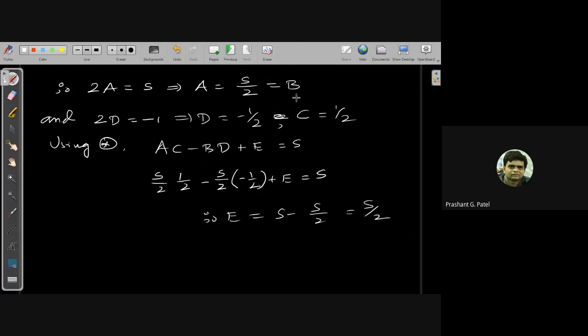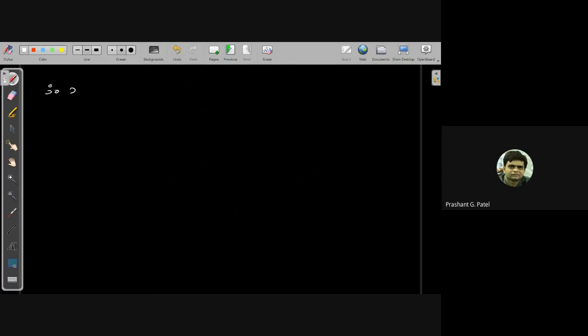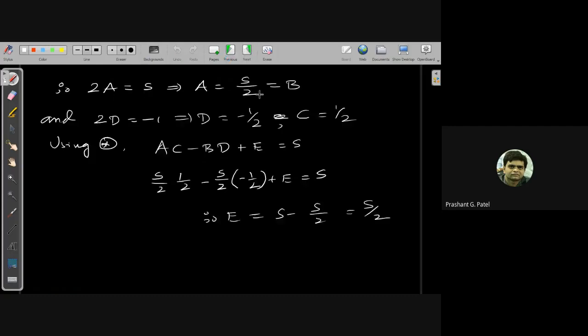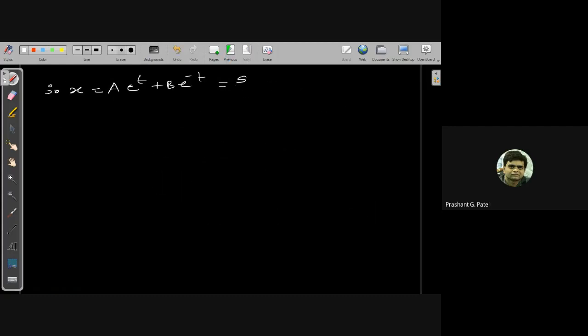So now we have all the values of all the constants. Finally, you will have the value of all the expressions. The value of x, which is a e raised to t plus b e raised to minus t. As per this, a and b are S by 2, so S by 2 is common, I can take e power t plus e power minus t, which I can write as a hyperbolic function, cos hyperbolic.